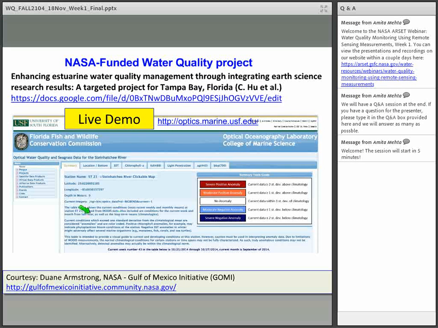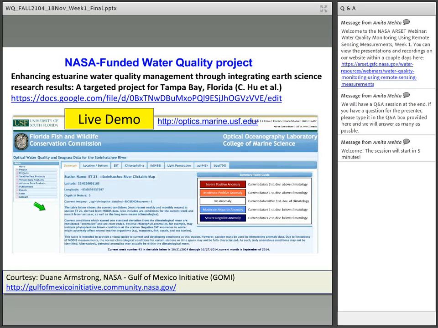Okay, and then I want to briefly show this site here. This is a NASA-funded water quality project, and this is to look at water quality in estuaries and coastal oceans. This particular site is provided by the Gulf of Mexico Initiative program, that is also NASA's Applied Sciences Capacity Building Program, and provides nice visual information about water quality in a number of areas.